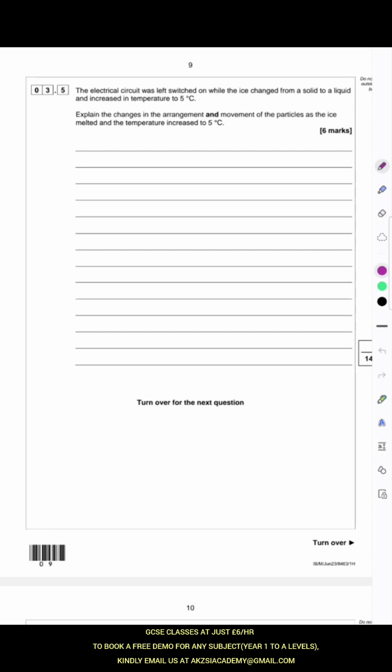So we have seen the arrangement of particles in solids and liquid, and the question specifically asks to explain the changes in the arrangement and the movement of the particles as the ice melted and temperature increased to 5 degrees Celsius. That means as the ice changes to water, the temperature remains constant. That's the important thing. If I show you a graph, it would be easier to understand.